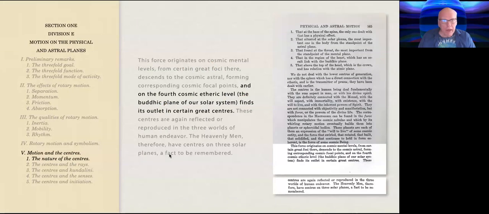Next, on the fourth cosmic etheric level, the Buddhic plane of our solar system finds its outlet in certain great centers. These solar logoic etheric centers demonstrate through the 7 heavenly men of our solar system.